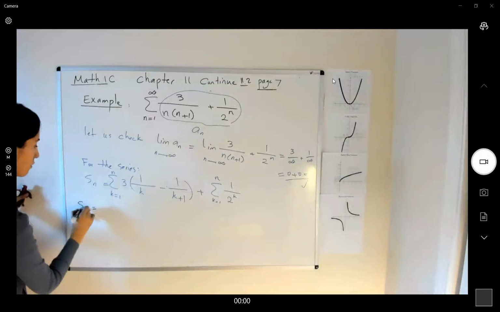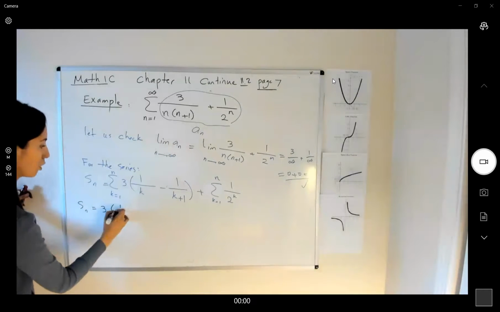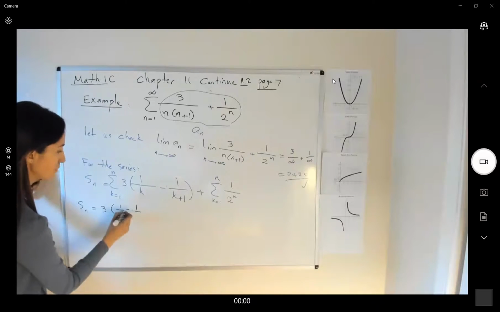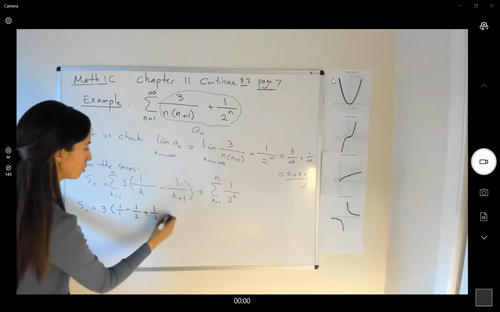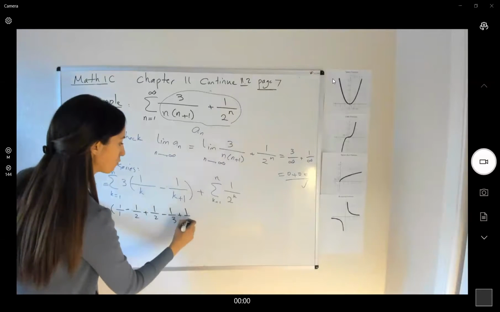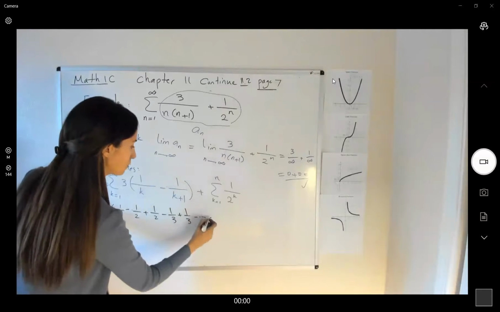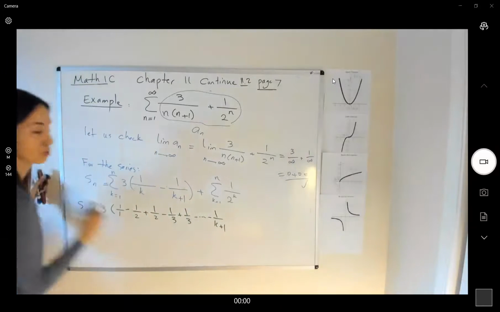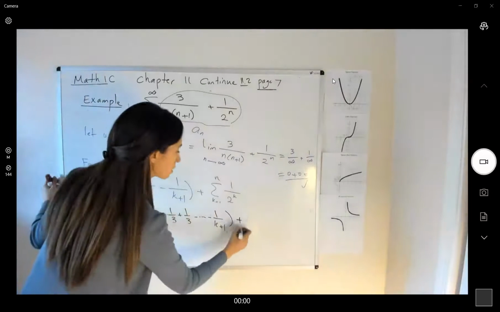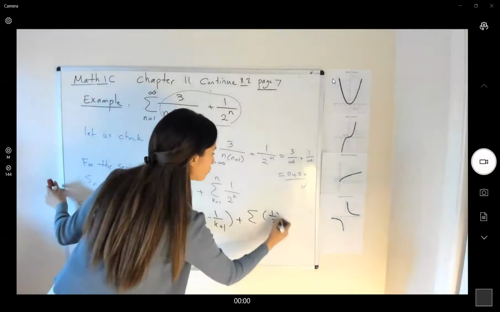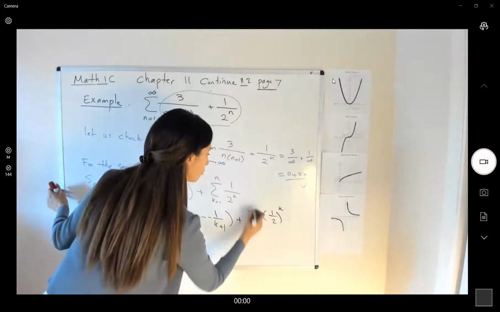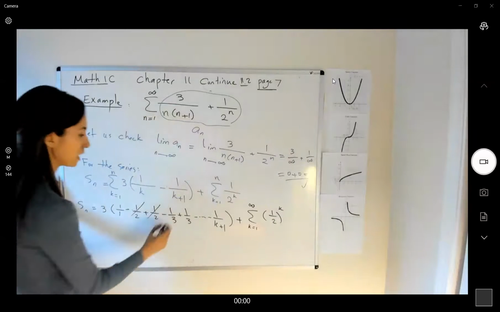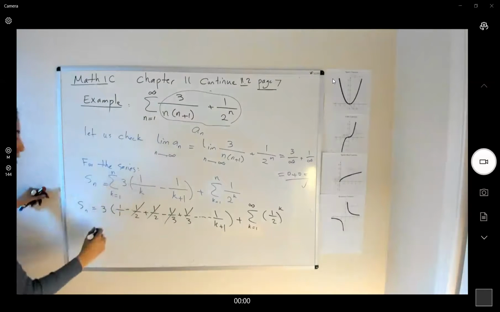There we go. S of n is 3 times (1 over 1 minus 1 over 2, plus 1 over 2 minus 1 over 3, plus 1 over 3, and so on). Let me just write down the last term. You already know how to decompose this. Plus the sum of a half to the k. Here I can cancel out a half, negative a half, a third, negative a third, and the rest of the terms.